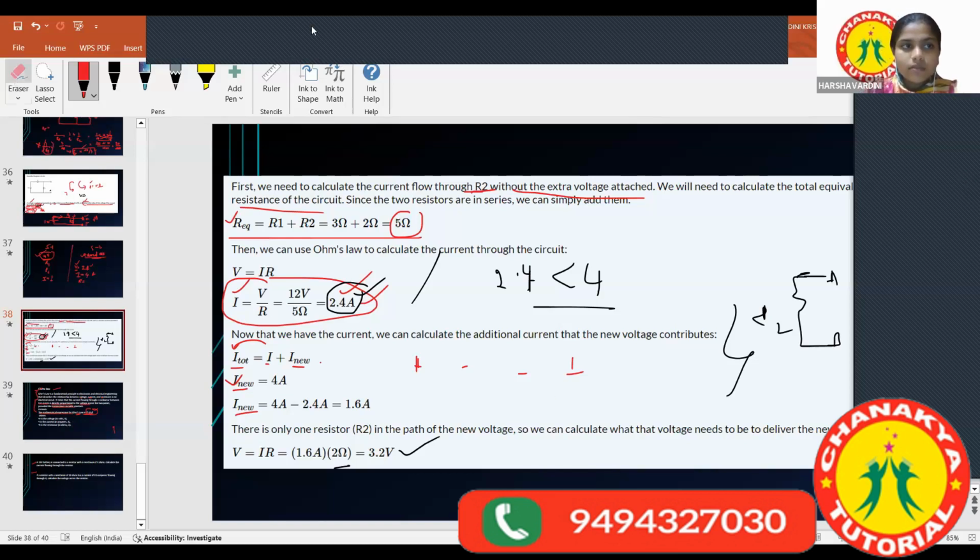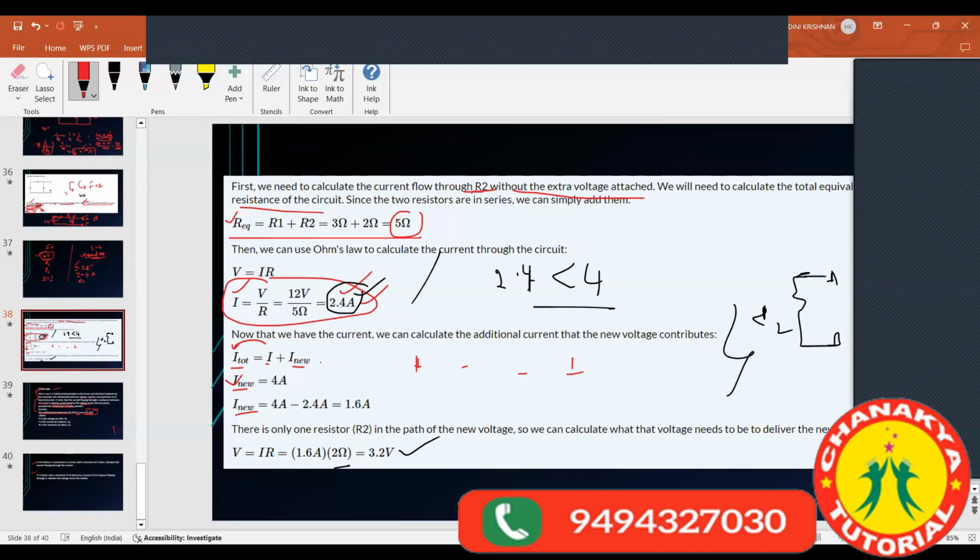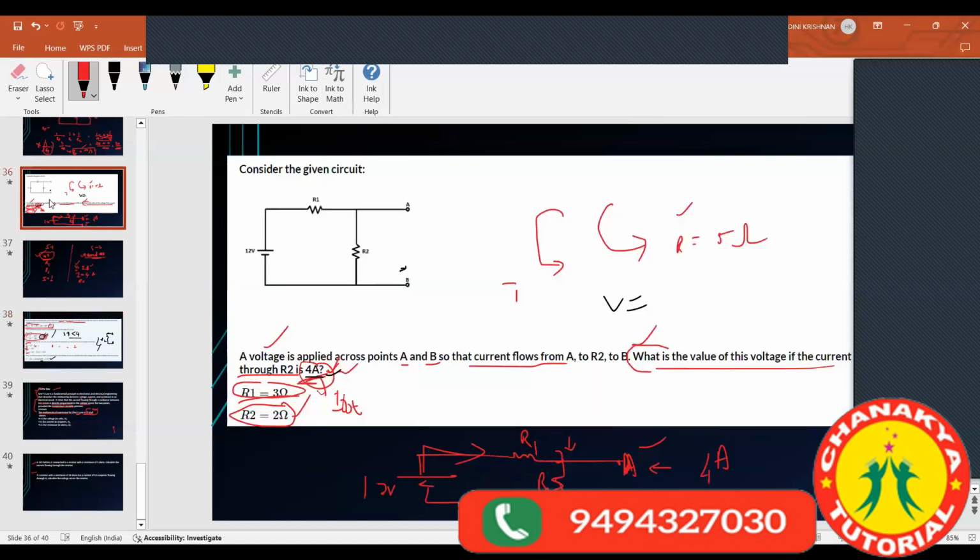Okay. Ma'am, there are two ways of getting this, logically and normally. So the first one, ma'am, can you go to the question slide? In the circuit, we have applied voltage at two points, first 12 volts, and again we have applied voltage at points A and B, but they have only given 4 amps. So there we can understand that it's the total current flowing through the whole circuit.